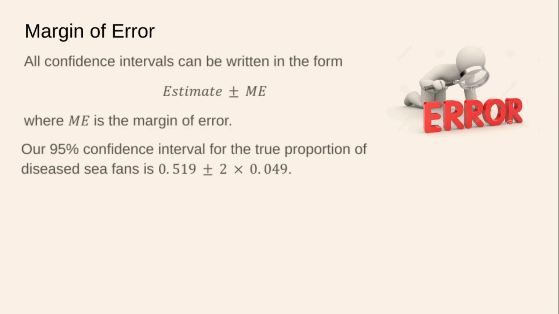The 0.049 is my standard error, and the 2 means I want to go 2 standard errors to the left and right. That's what the plus and minus is for, to the left and right of my point estimate. So I am 95% certain that I am going to catch, as it were, the true population proportion of diseased sea fans in that interval.